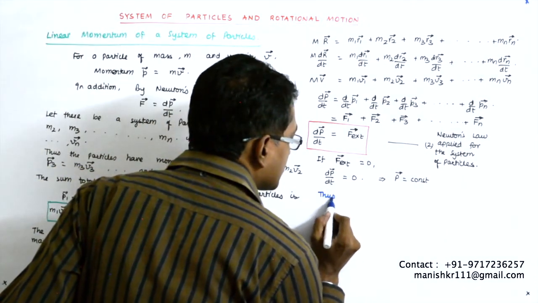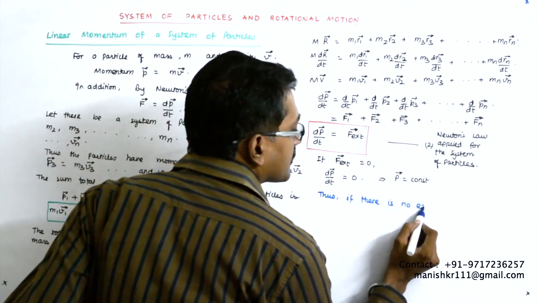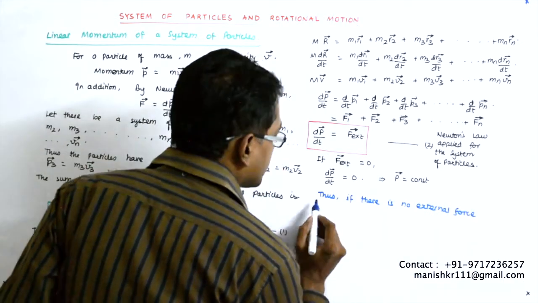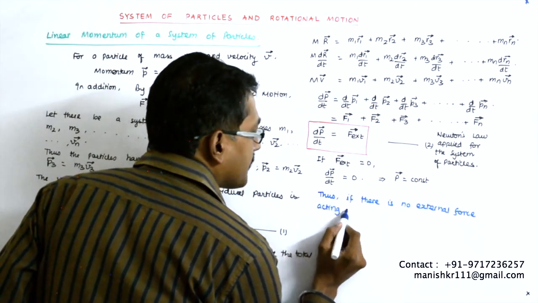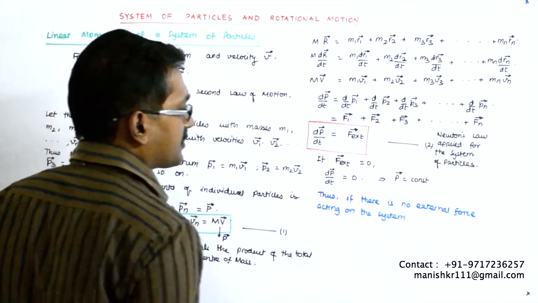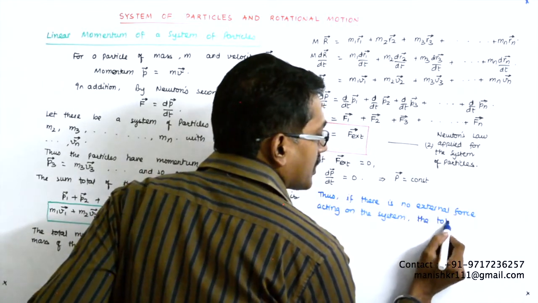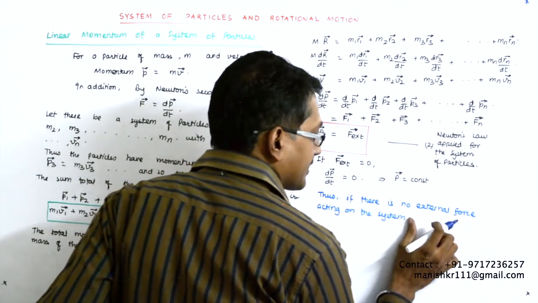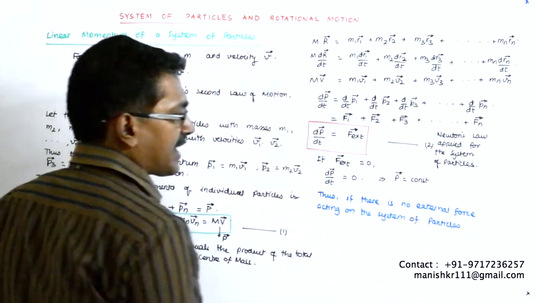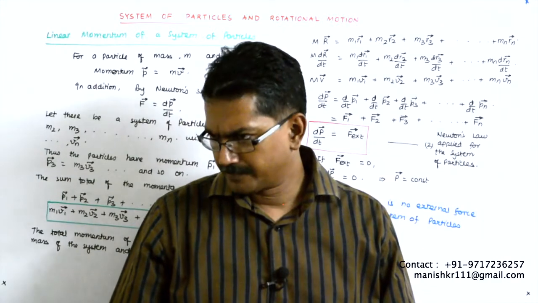Thus, if there is no external force acting on the system, the total momentum on the system of particles, right? On all the particles, on the system of particles. Hope you understand. All those particles together constitute a system.